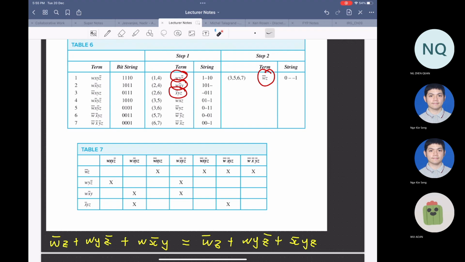Okay, step back again. So now the problem is to decide which implicant is in the sum. So now how to decide? So the algorithm says find the smallest set of these Boolean products such that the sum of these products represents the Boolean function. So what do you mean by represent?